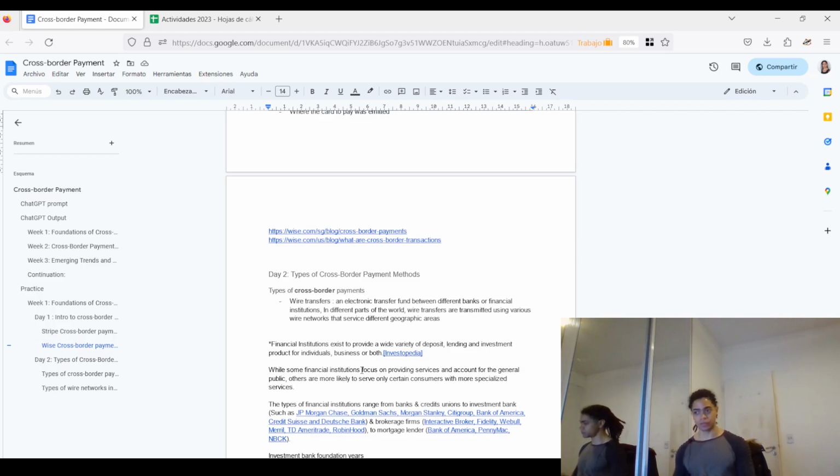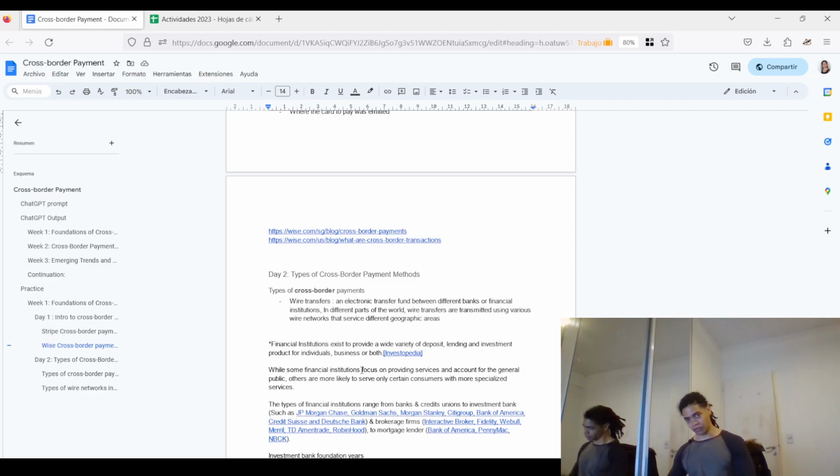So to know more about this type of financial institution, here are examples. First, we have banks, and credit unions, which are not that common in South America, but are somewhat common in the US. So banks and credit unions, to investment banks such as JP Morgan, founded in 1799.